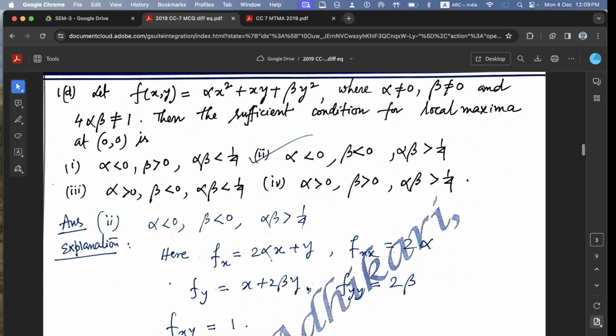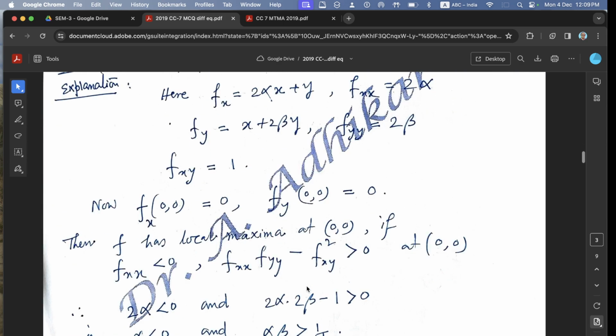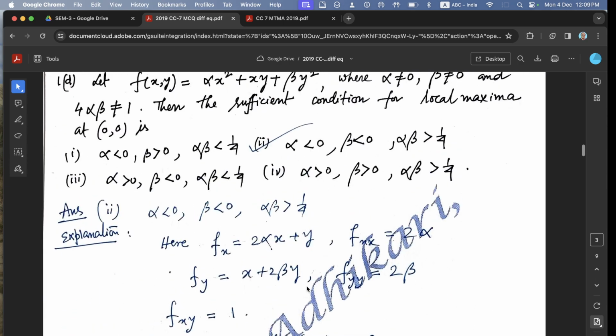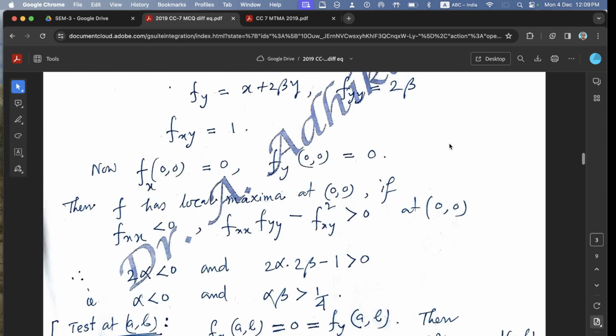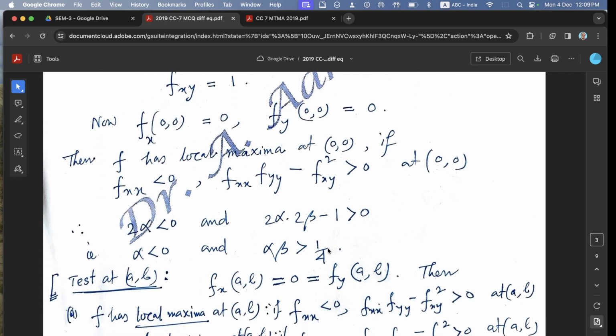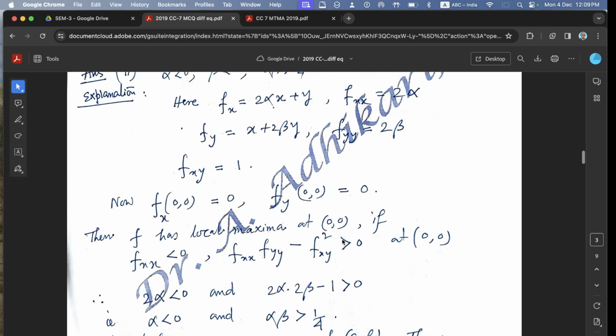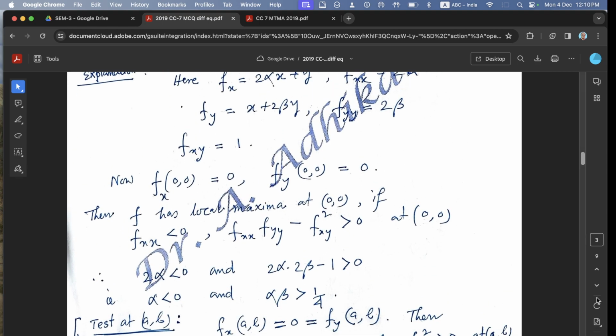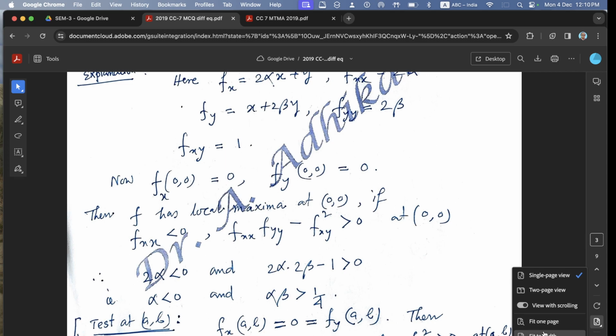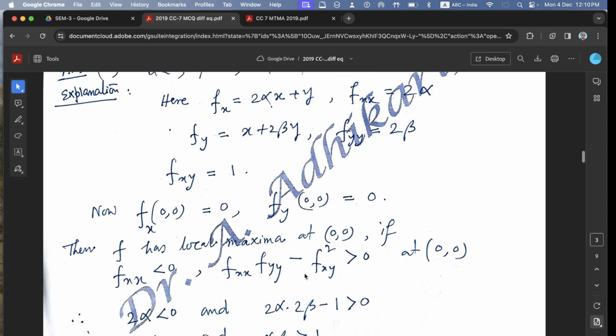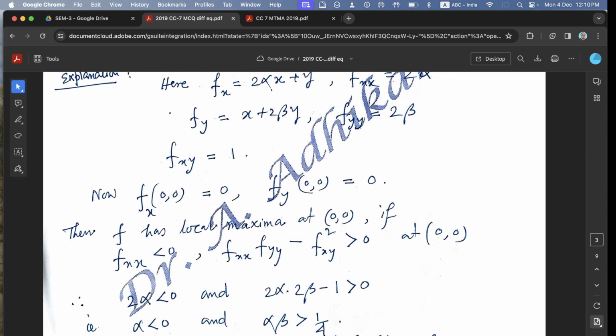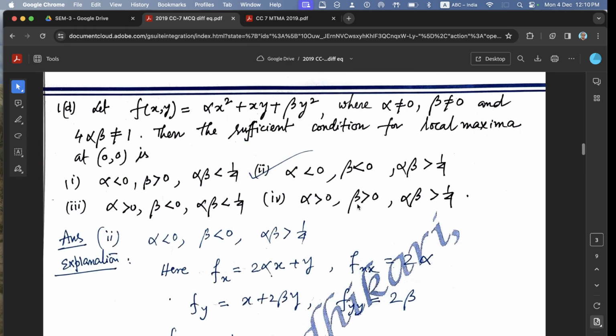So alpha is less than 0 and alpha beta is greater than 1 by 4, and obviously beta is less than 0. So the correct option is 2.